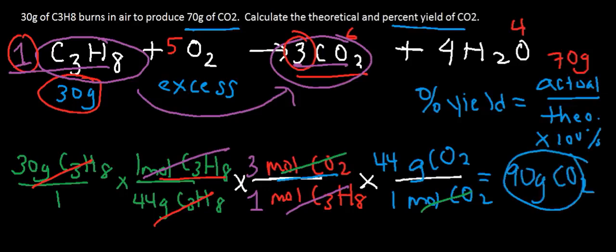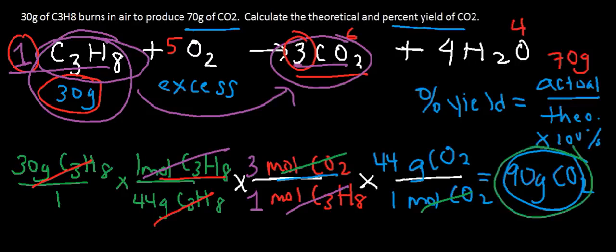So what this means is that if all of the 30 grams of C3H8 reacts, the most that we can get, the maximum amount of CO2 that can be produced in this reaction is 90 grams of CO2. So that's what the theoretical yield means, the maximum amount that you can get. Well, in this reaction, we only got 70. So now that we have the theoretical yield, we can find the percent yield.